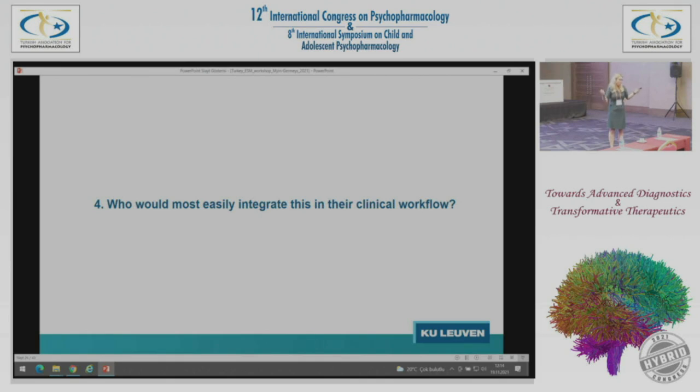Maybe that is just, as I say, a small sample, or maybe it's an indication that it fits better in the clinical workflow of the clinical psychologists and some case managers as well. But again, no strong conclusions on this yet. This is very exploratory still.